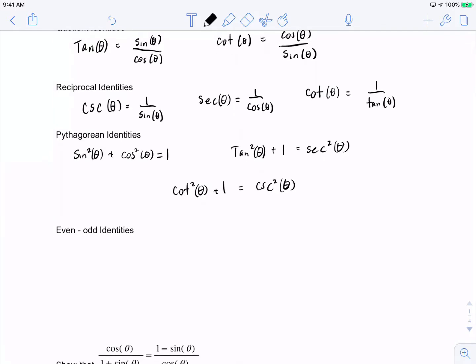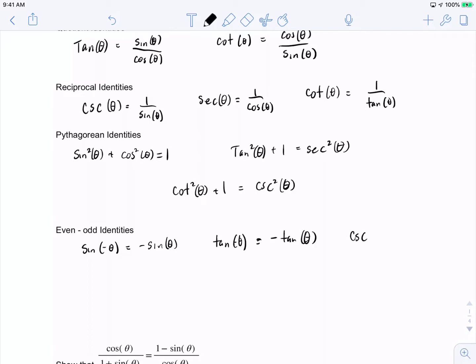And then odd and even functions. Sine of negative theta is equal to negative sine theta. That's an odd function. Tangent of negative theta is equal to negative tangent theta. That's another odd function.